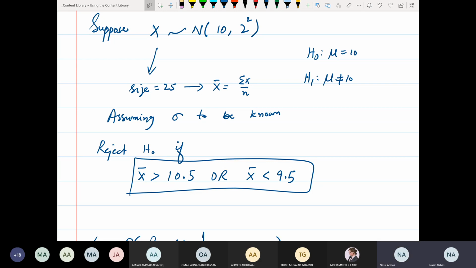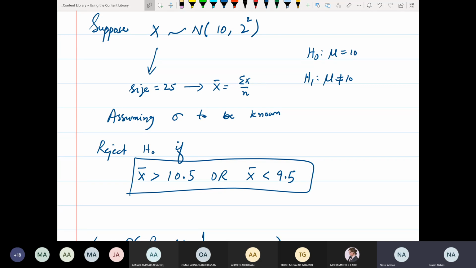That's another way of interpreting this rejection region. Even when mu is 10, you can do this on Minitab. Draw 25 random numbers from a normal distribution with mean 10 and variance 4, or standard deviation 2. Then find the mean of those 25 values and do this again and again.